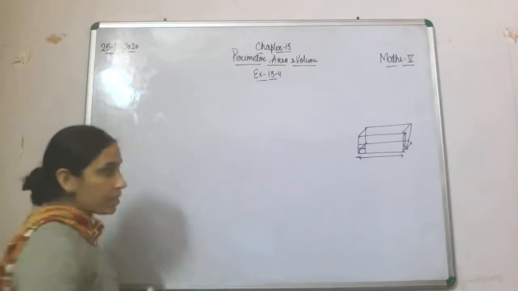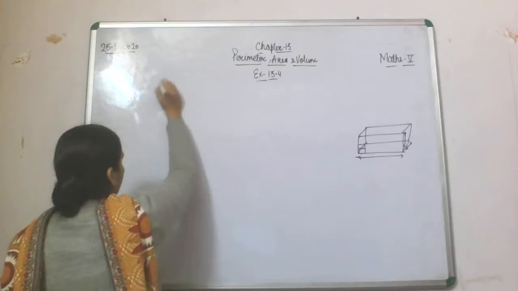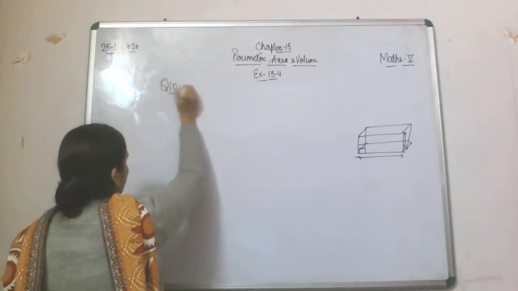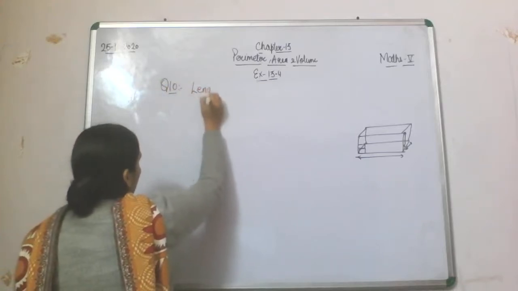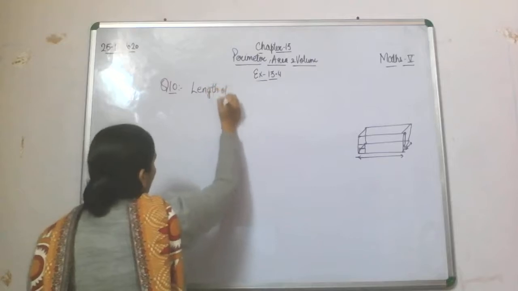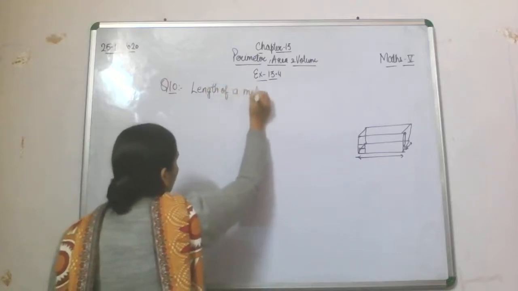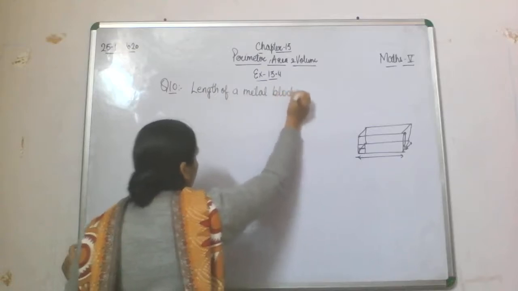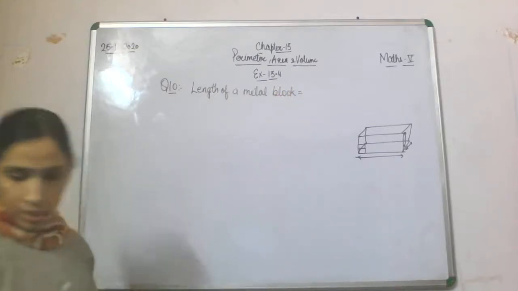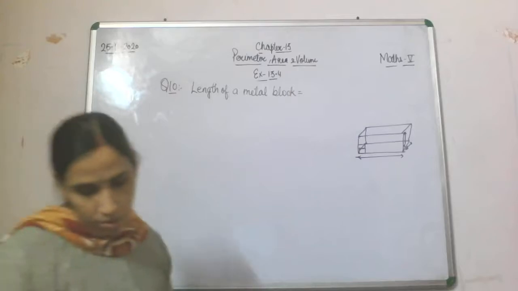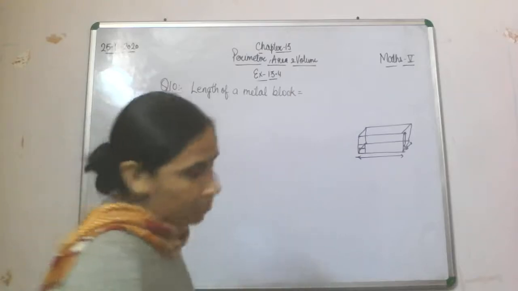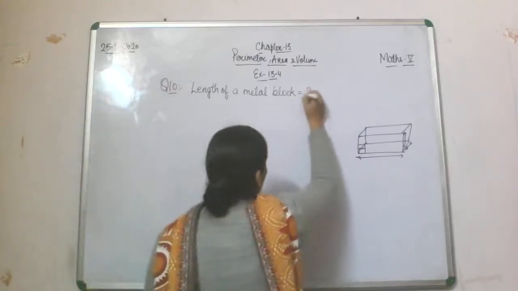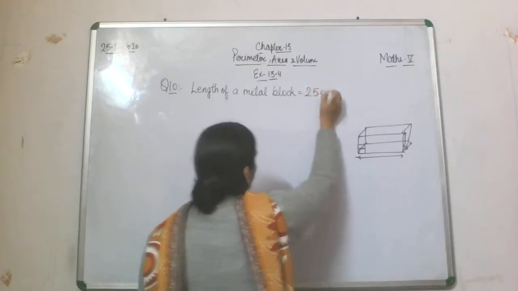So let's start. First of all, in question number 10, the length of a metal block is given. That is 25 centimeter.